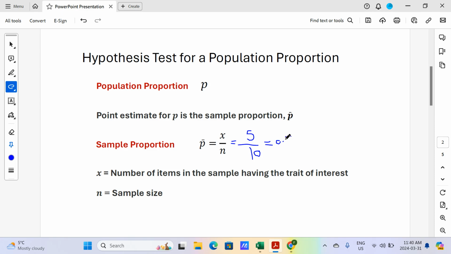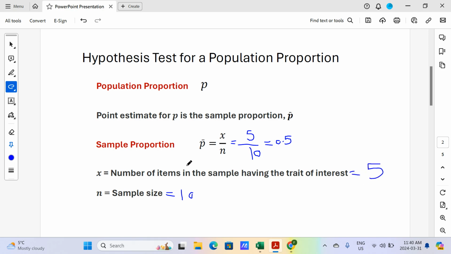Look at here. X is the number of items in the sample having the trait of interest. In the example I told you, the trait of interest is wearing glasses. We have a sample of 10 students in the class. X, the number of students wearing glasses, is 5.